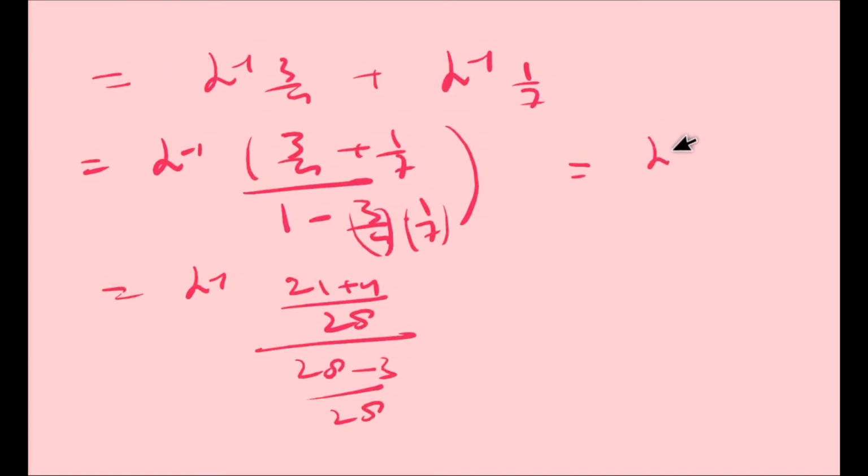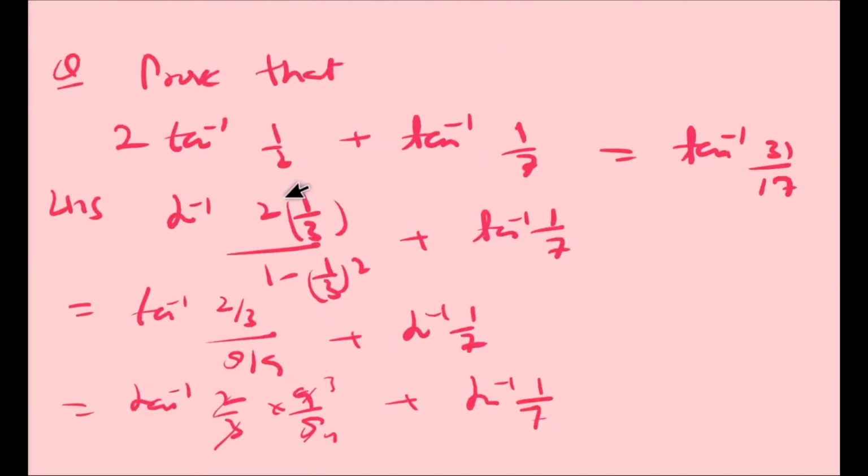So we can get here tan inverse 25 upon 28 into 28 upon, here is what we get, 28 minus 3, that is 25. We repeat it. Questions? Check the board.